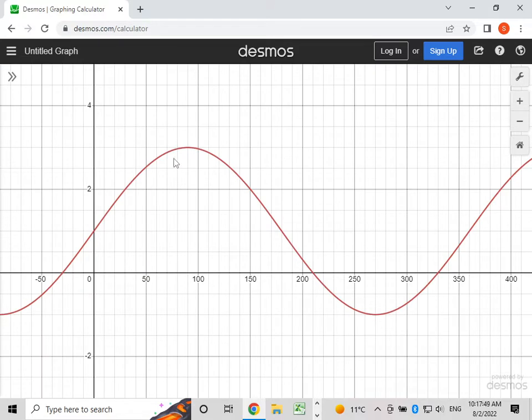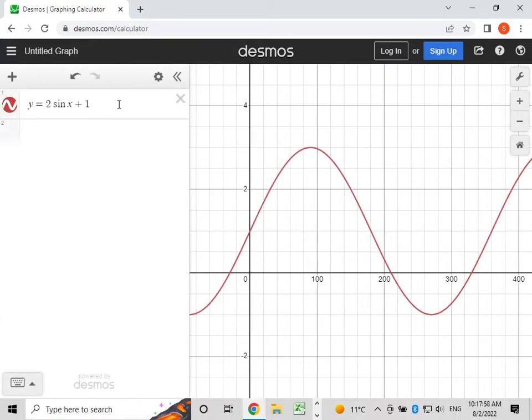If you had this graph, you would go and look for the maximum value, which is 3. And the minimum value is -1. So 3 minus -1 will still give you 4, divided by 2 is 2.